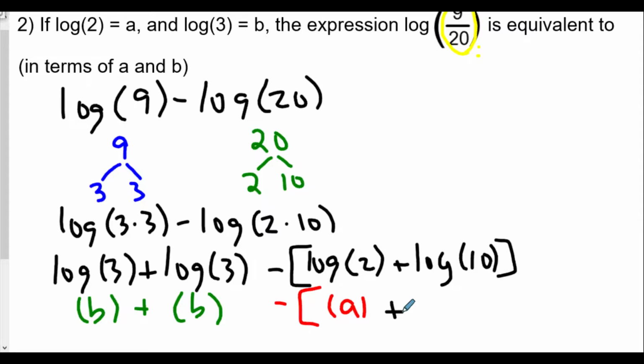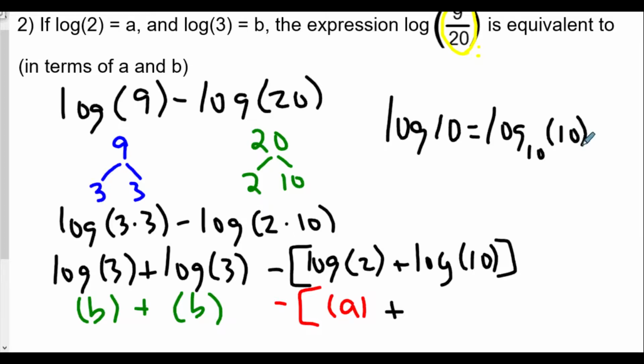We can't leave it in log 10, but we remember that log 10 is really the same as log base 10 of 10. Well, 10 to what power is equal to 10? That is 1. So log of 10 equals 1. So we're going to replace log of 10 with the value of 1.